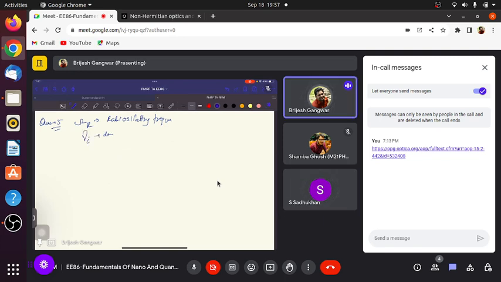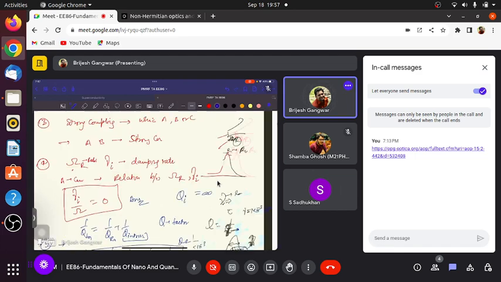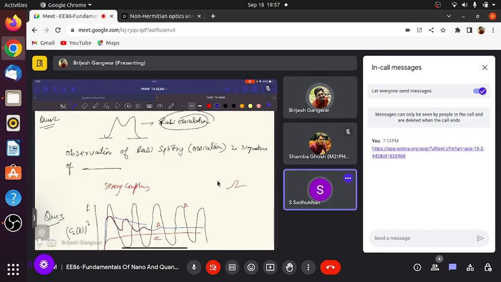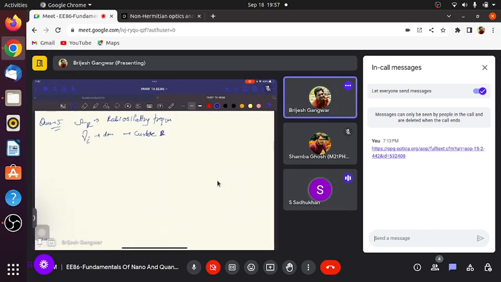Choose the correct option relating gamma I and gamma r for curve B. Curve B has some damping rate, right? If you see here, some damping rate. So in that case, it would be in between zero and one, in the strong coupling region.